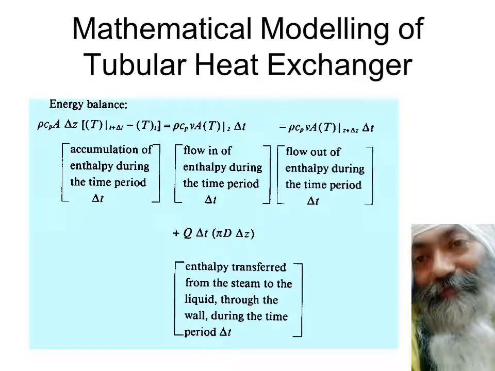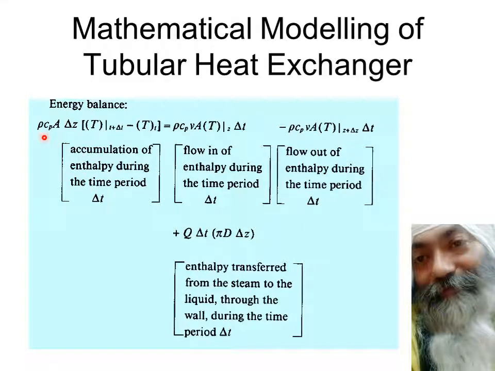So my dear friends, once again, as I've already explained what the energy balance is all about, here we go. The amount of enthalpy which is getting accumulated in that region which I was showing, which has circumference of pi into d and length of delta z. Let us see what the mass there is.